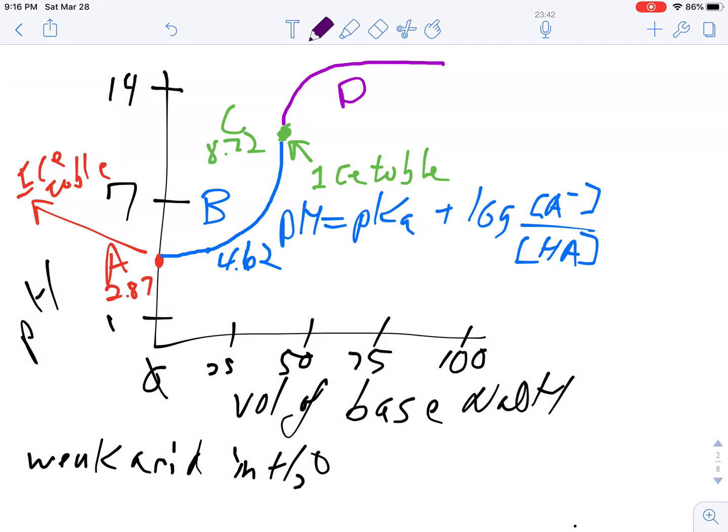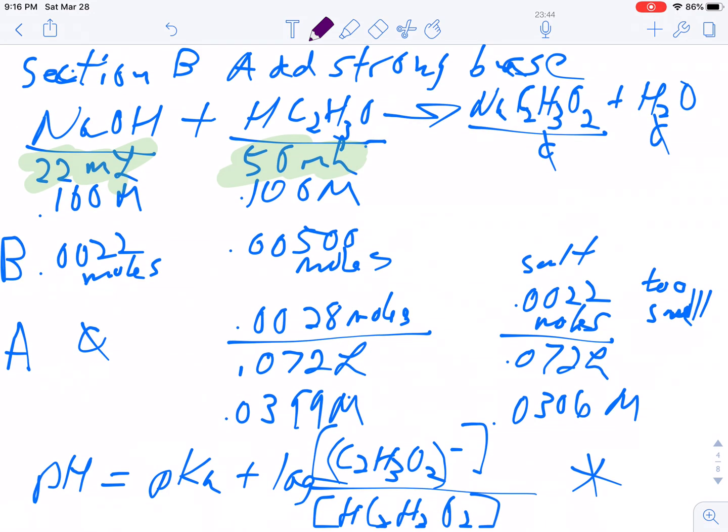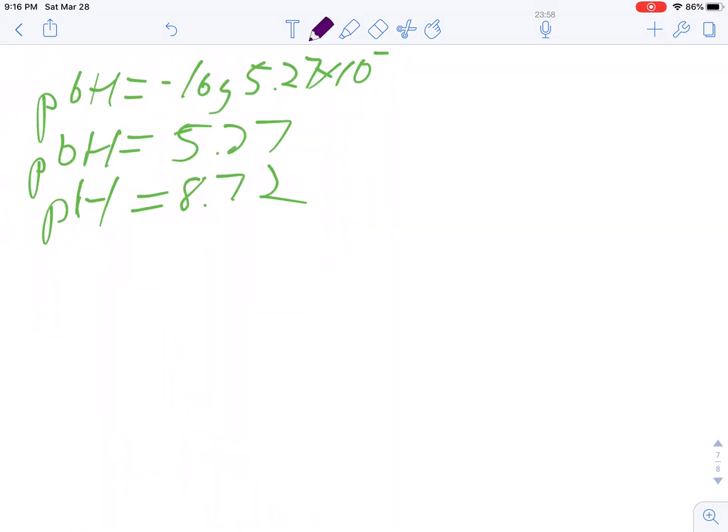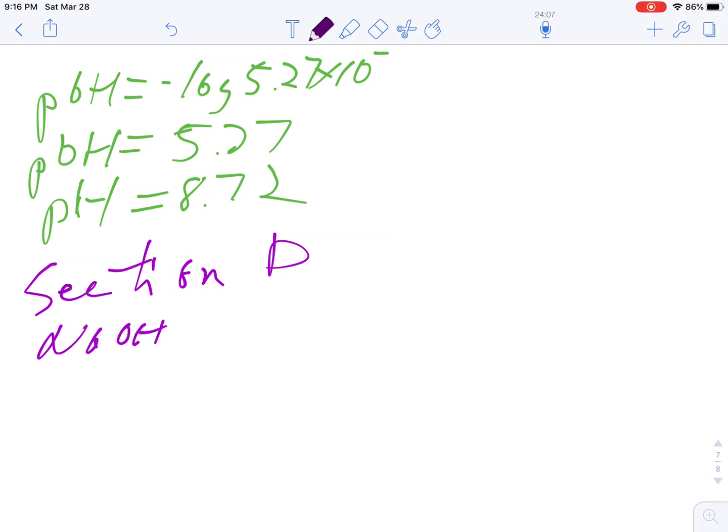So all of my acid has reacted. There is no more acid left. So if we add more base, there is nothing left for the sodium hydroxide to react with.